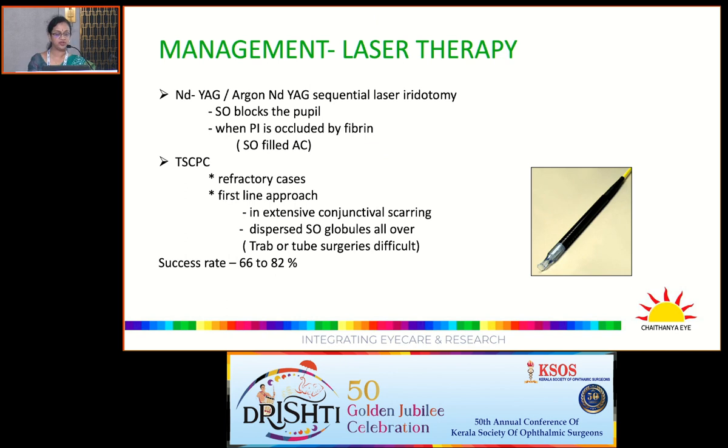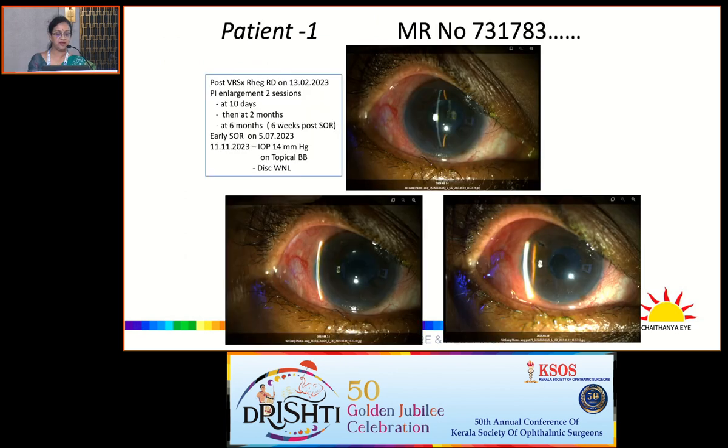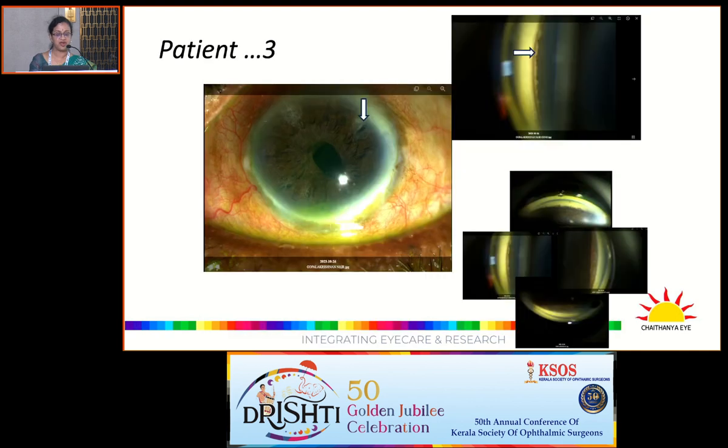In the first case, the patient underwent several laser sittings at 10 days, 2 months, and 6 months post oil removal. If you do sequential laser PIs, because they get blocked with fibrin, and do not allow synechiae to set in, you can prevent damage.